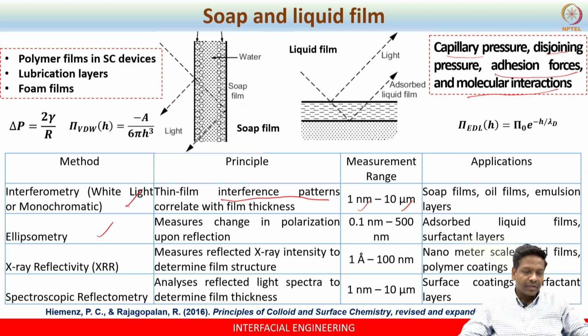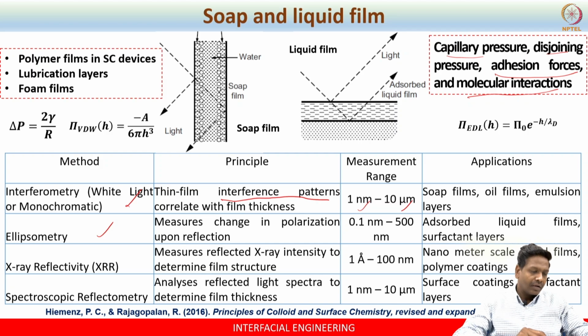Basically it records the amplitude change and the phase change of the polarized light, based on which you can get several pieces of information like film thickness, refractive index and surface interaction. By knowing this information you can infer the type of forces that you want to compute.